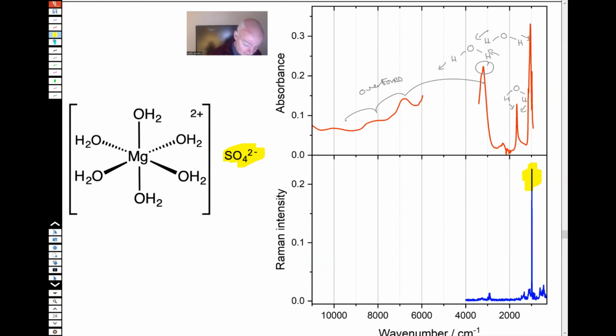But on the other side of the ledger, all this is due to these guys here. And in Epsom salts, there's another water present as well, but the 6 of the waters are coordinated, as I've shown. Okay, so that's what's going on there.